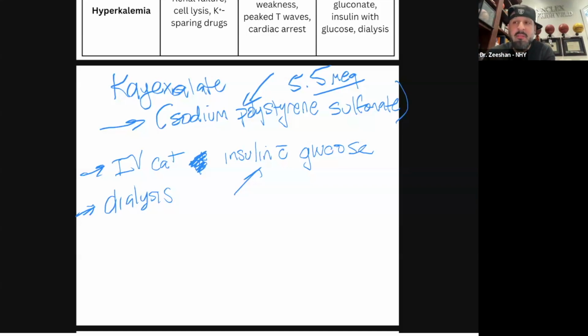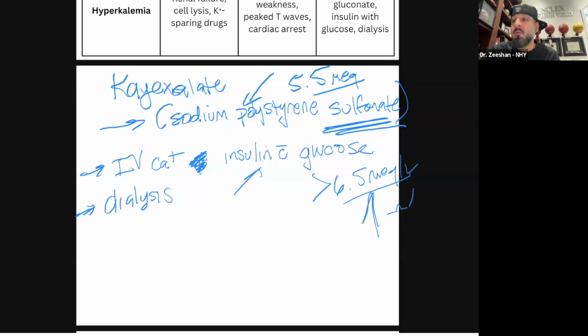But what do we see in this? We see sulfa. So we have to be careful. We must monitor. But what if we start to get up at that 6.5 milliequivalents per liter? What if we start to see those peaked T waves or widened QRS?